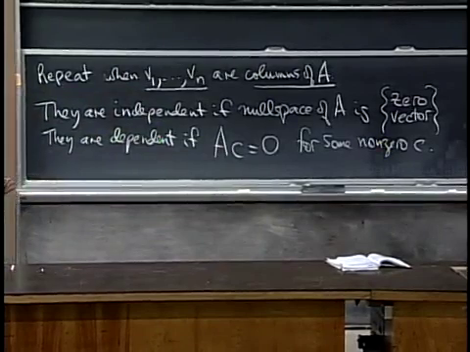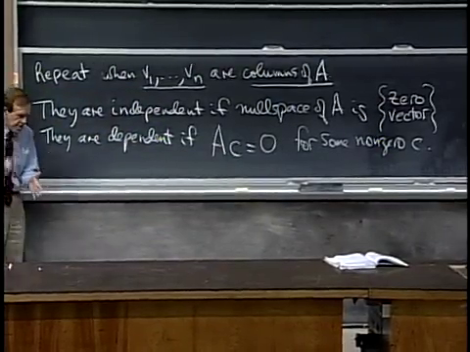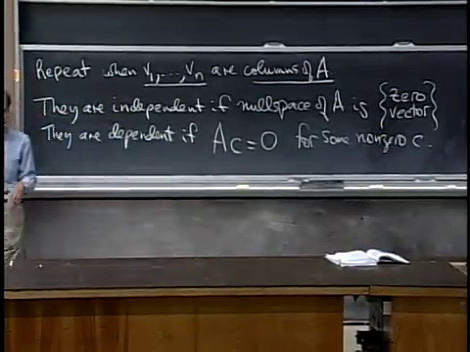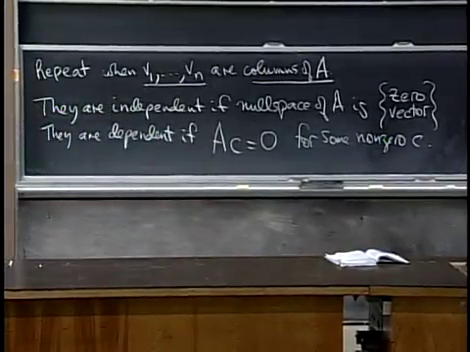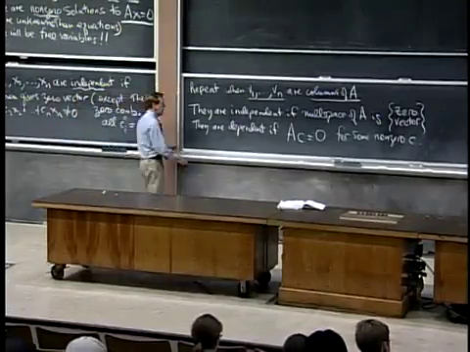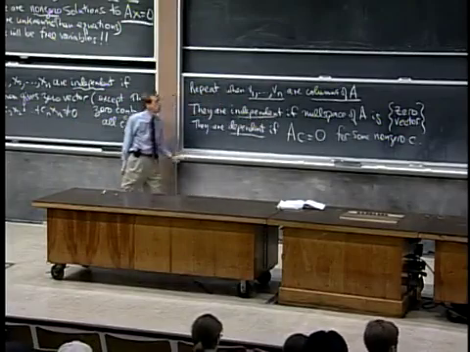I think you're with me, because we've seen, like lecture after lecture, we're looking at the combinations of the columns and asking, do we get 0 or don't we? And now we're giving the official name, dependent if we do, independent if we don't.